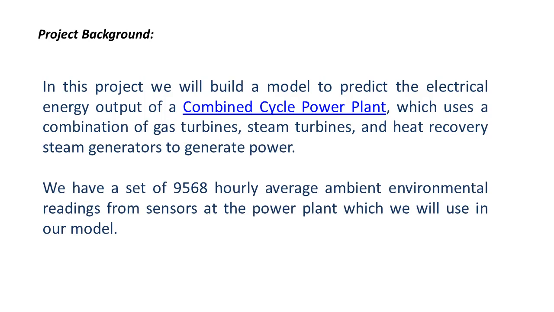A combined cycle power plant is a combination of different sources such as gas turbine, steam, and heat recovery steam generator to generate power. So we have a set of almost 9,000 hours of average ambient environmental readings from sensors at the power plant.